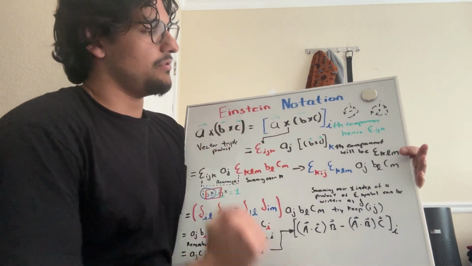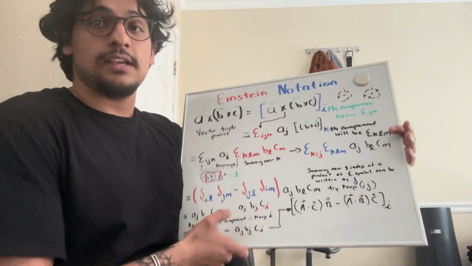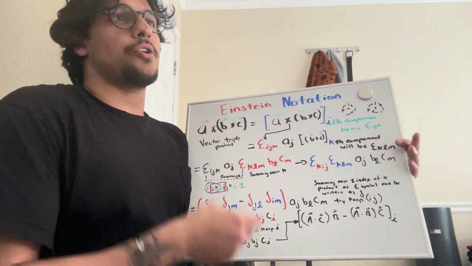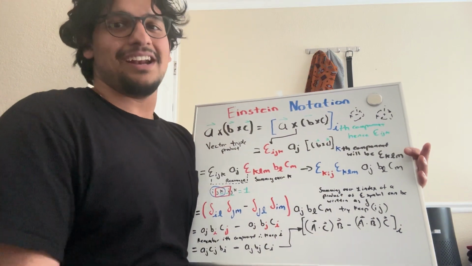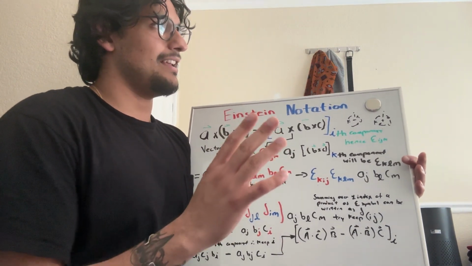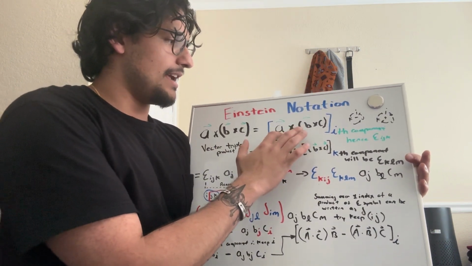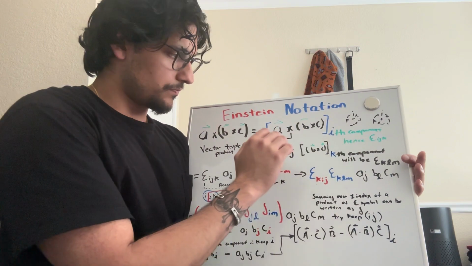When doing Einstein notation, just be careful how you use your brackets and notation. Just don't throw brackets and notation at everything, put it in a way that will help you out. So first we write this as the ith component.